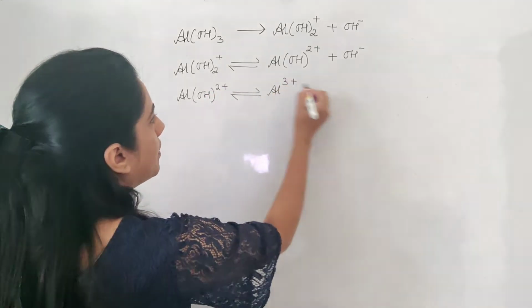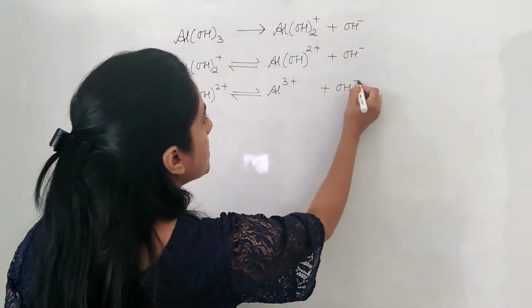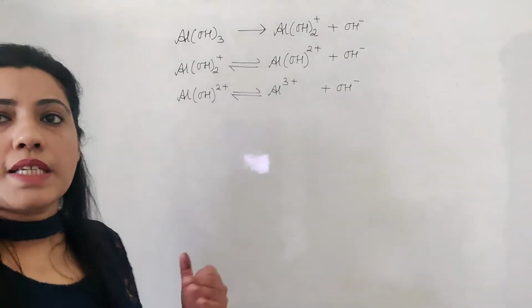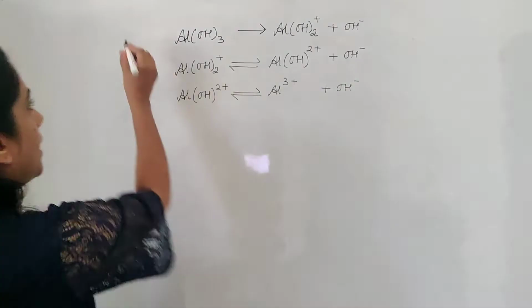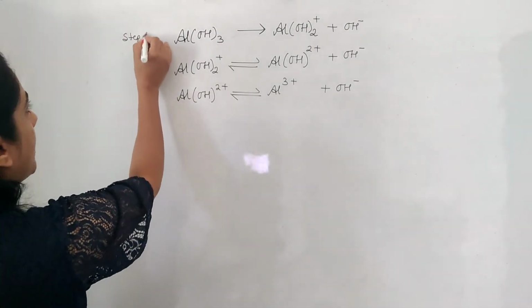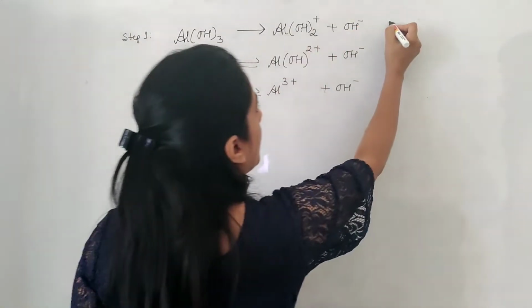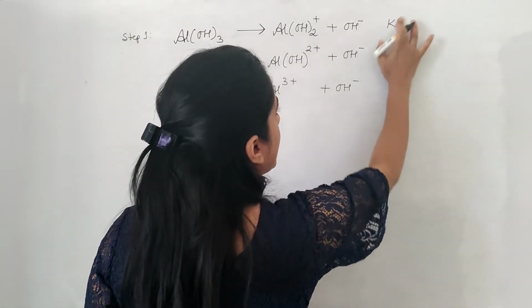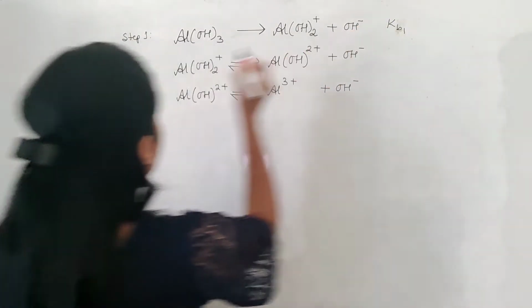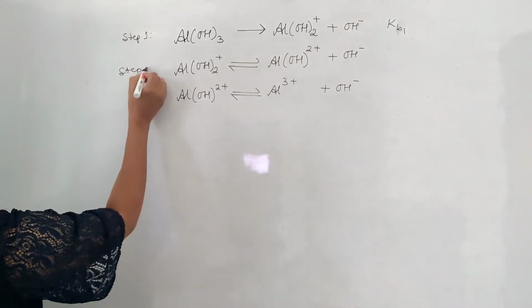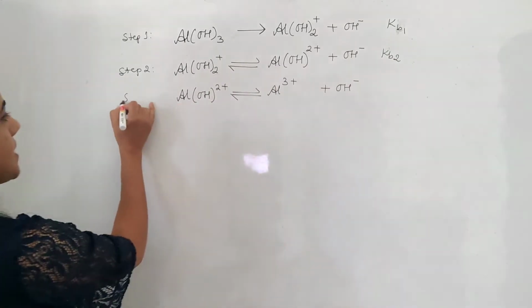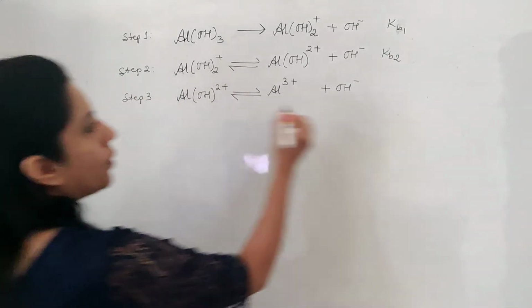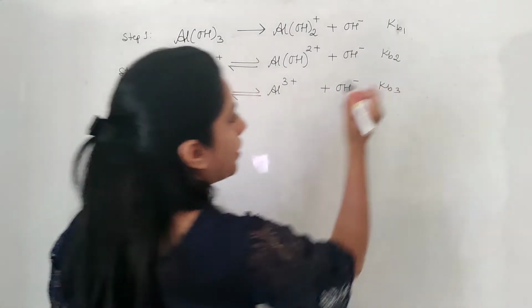It will give you Al3 plus and one more OH minus is liberated from here. So this is a triacidic base which is dissociating in 3 steps. This is step number 1 and the equilibrium constant for this step is Kb1. This is step number 2 and the equilibrium constant for this step is Kb2, and this is step number 3. The equilibrium constant for this is Kb3.